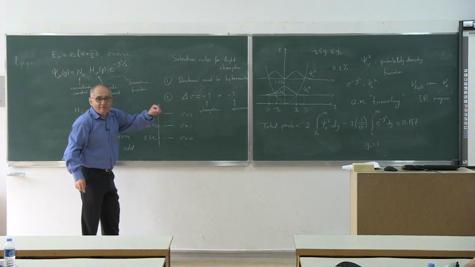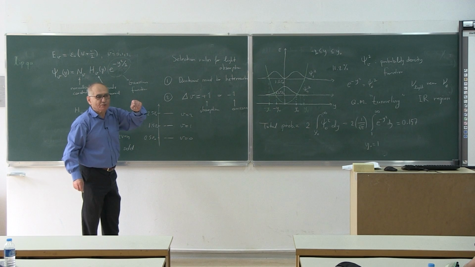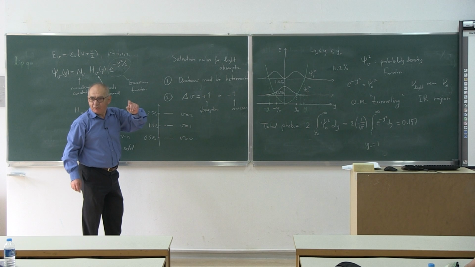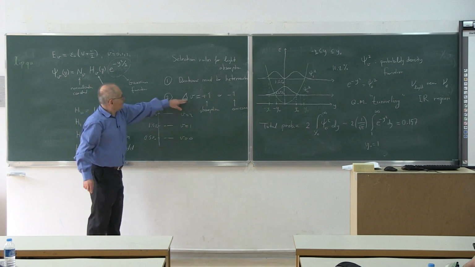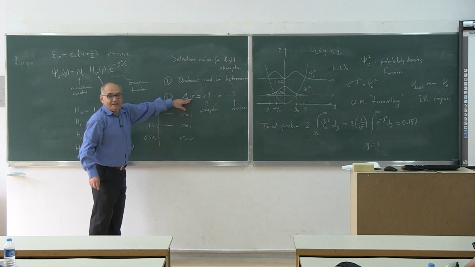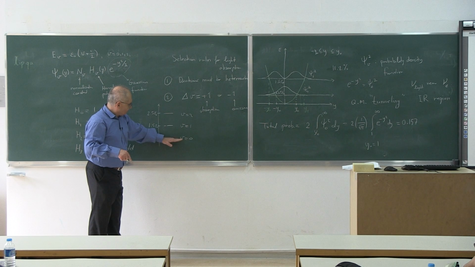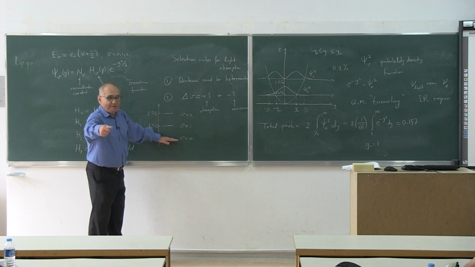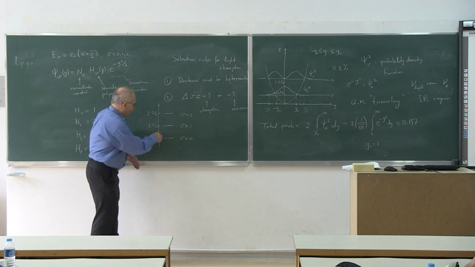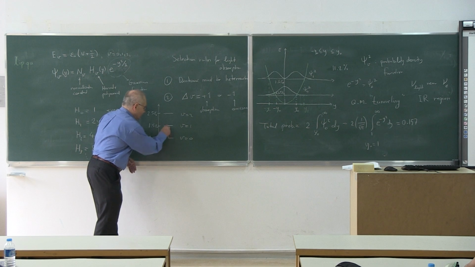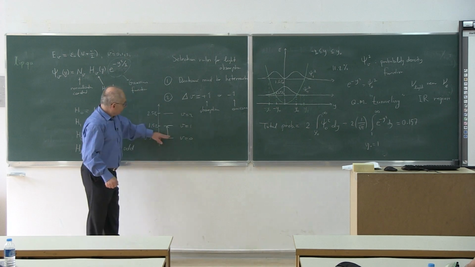So initial vibration quantum number of all molecules is which number? V equals 0. The selection rule is V can only change by 1 unit, which means the molecules initially, because they are all in the lowest V equals 0 level, if they absorb a photon, the only possibility is this transition.